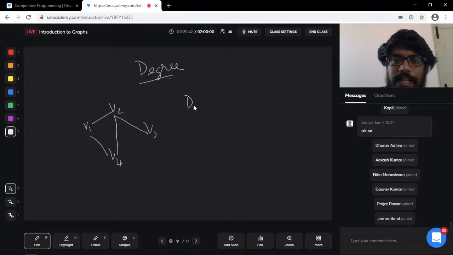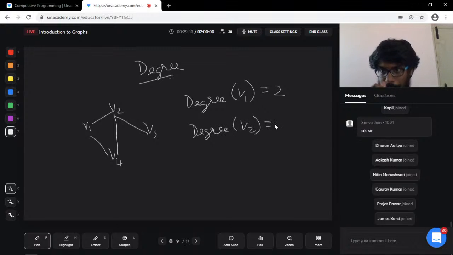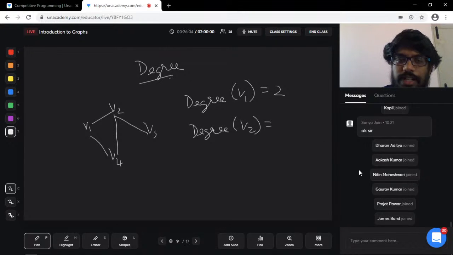Okay. So degree of V1 will be, there are two edges connected to V1. So degree of V1 is 2. Degree of V2 is how much? Write down in chat, what is the degree of V2?